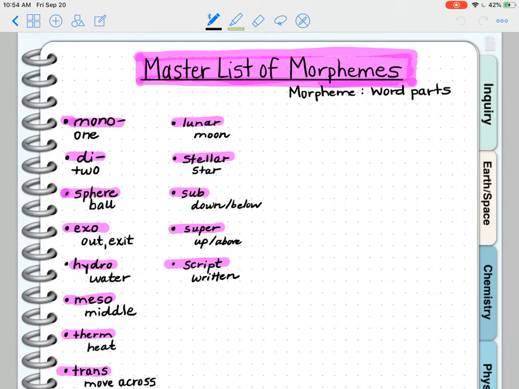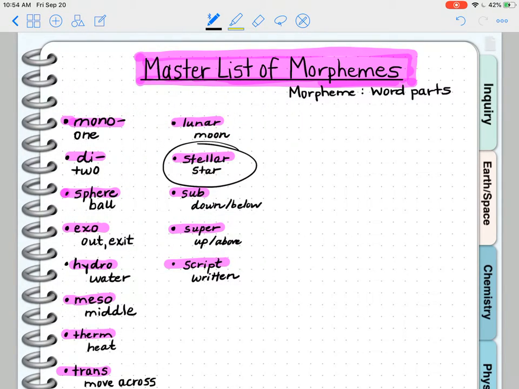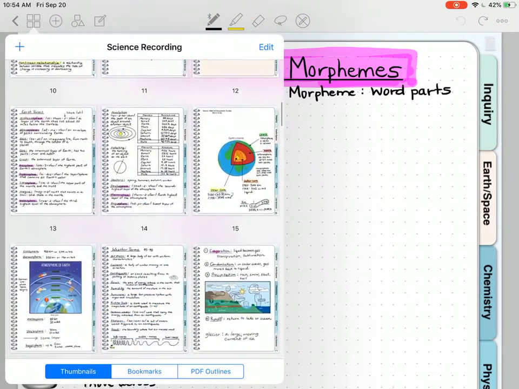If you don't already have this term stellar, I want you to write that on your list of morphemes. Stellar means star. So if your teacher tells you that you are a stellar student, that means you are a star student. That's a very good thing. Stellar is star.